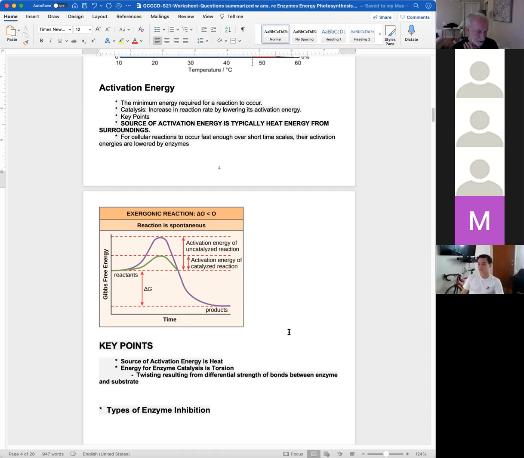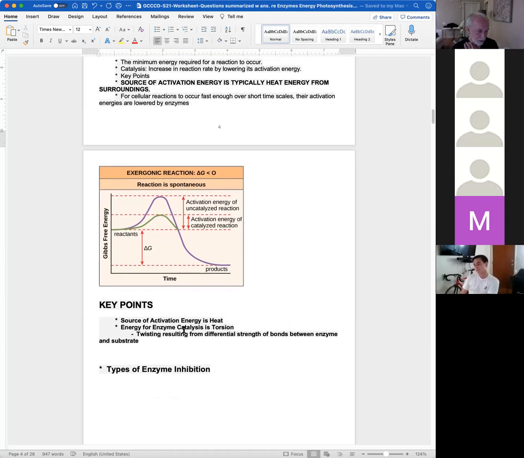So the key points here are that the source of activation energy, in other words, between these dotted lines, is heat. Once the activation level is achieved, the energy for enzyme catalysis is torsion, the twisting that results from the differential strengths of bonds between the enzyme and the substrate.